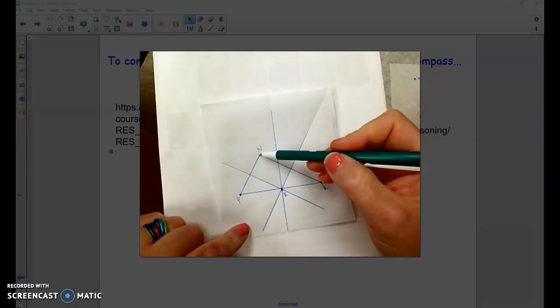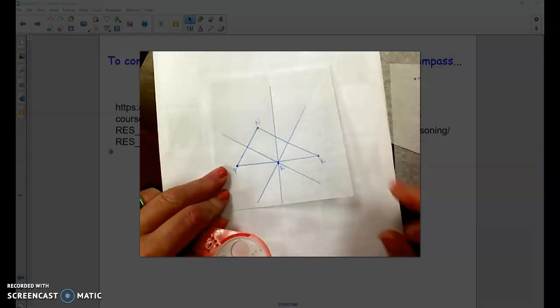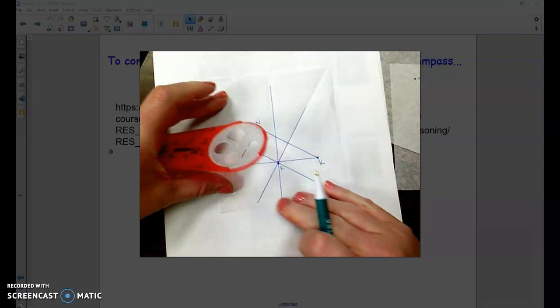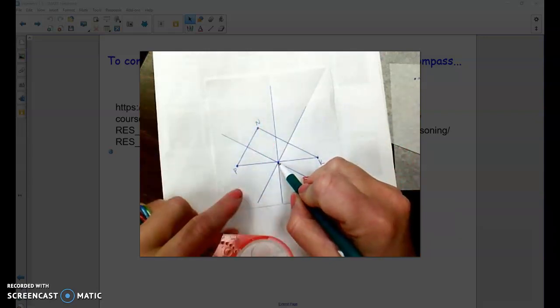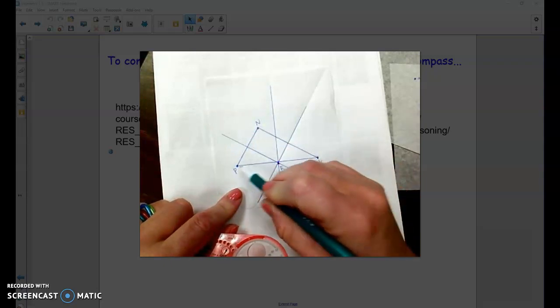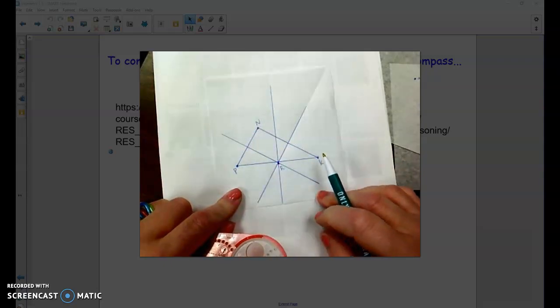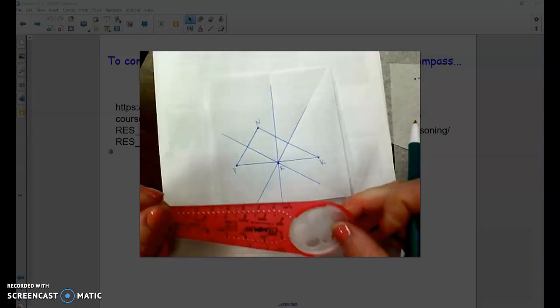Remember, our circle is going to go through all 3 of these points. I'm probably going to have to keep my paper here because my circle is going to go off my paper, I'm pretty sure. But this is going to be the center of the circle, and the distance from R to N, R to K, and R to P are my radii lengths. It's always going to be the same length in a circle, so all the radii are congruent.